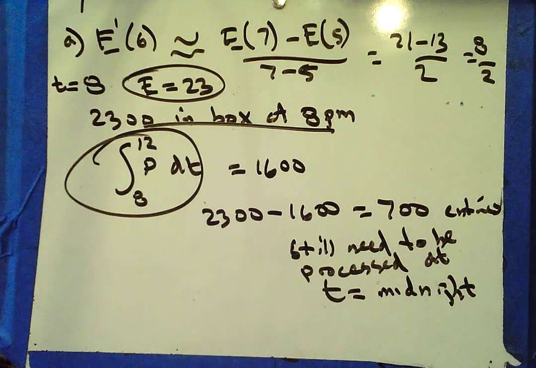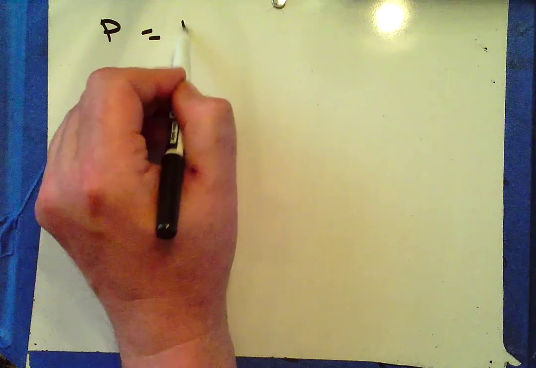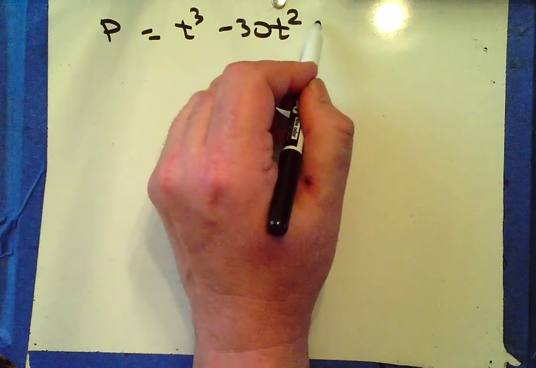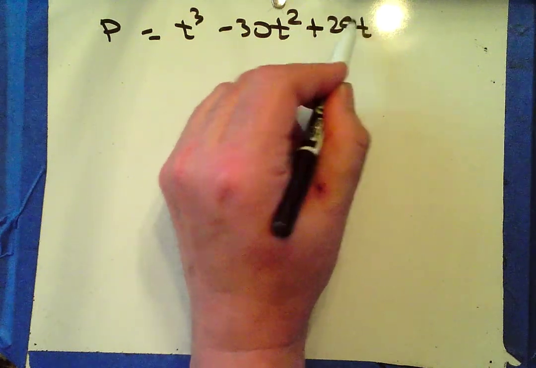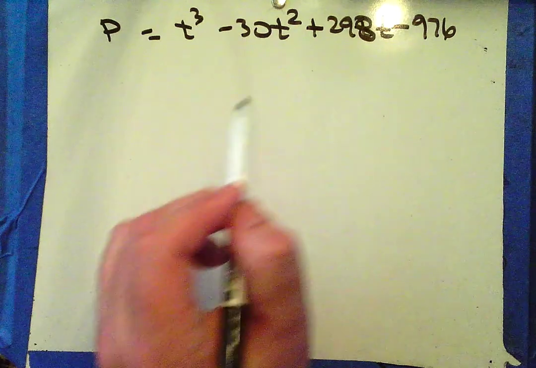All right. What's next? According to the model in part C, at what time were the entries being processed most quickly? Okay, so let's think about our processing function. P equals t to the third minus 30t squared plus 298t minus 976.